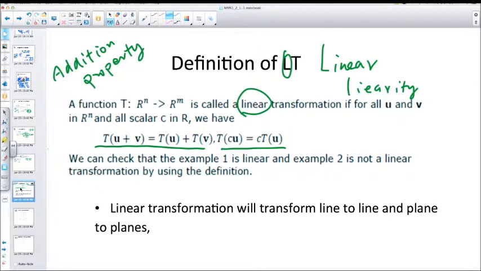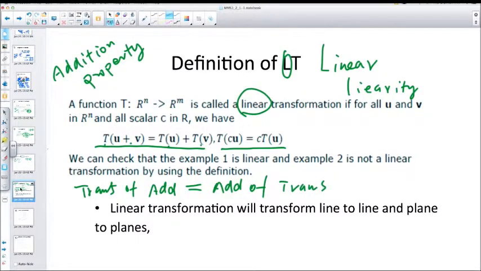The addition property: when you have the transformation of the addition, it equals the addition of the transformations. If you read it, the transformation of addition equals the addition of transformation.